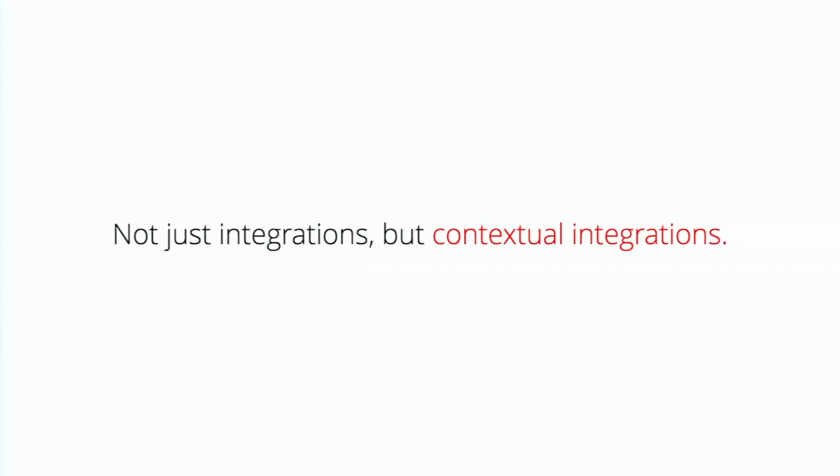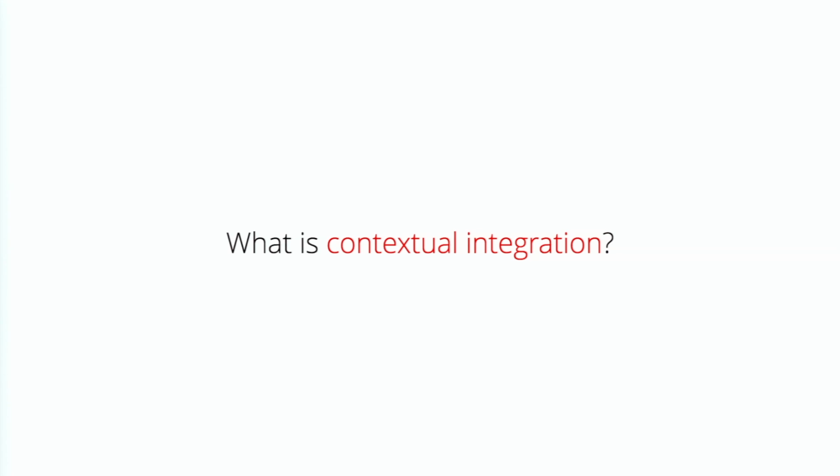So a key point here, if you were in my sales inbox session, you may have heard a little bit about this already, but the integrations are contextual integrations, as we like to call them. And so what does a contextual integration mean? That means you have all of this information that you use to run your business.